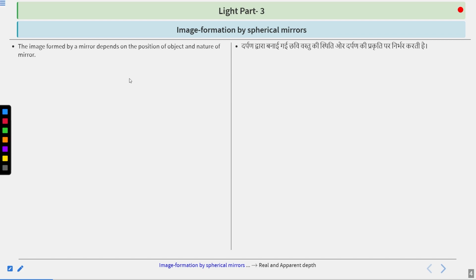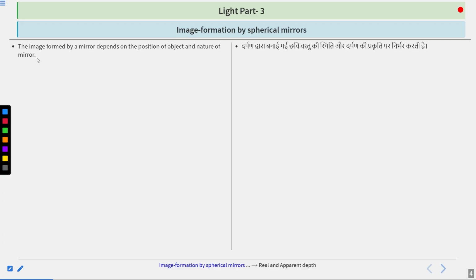Right? So here, when we talk about image formation by spherical mirrors, we always consider both kinds, the concave and the convex. So let's check it out. The image formed by a mirror depends on the position of the object and the nature of the mirror.